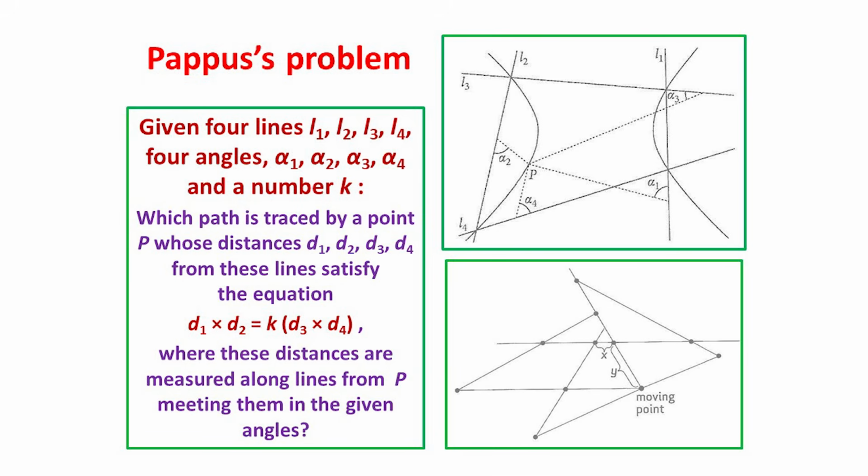A much more complicated problem, solved by Descartes, was first posed by Pappus of Alexandria in the 4th century AD.